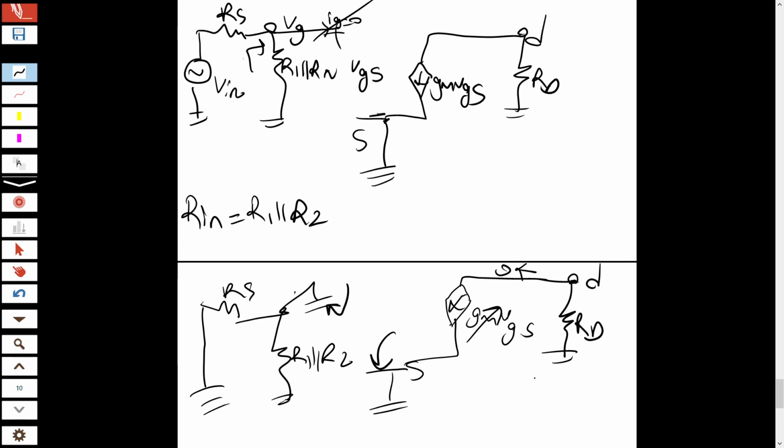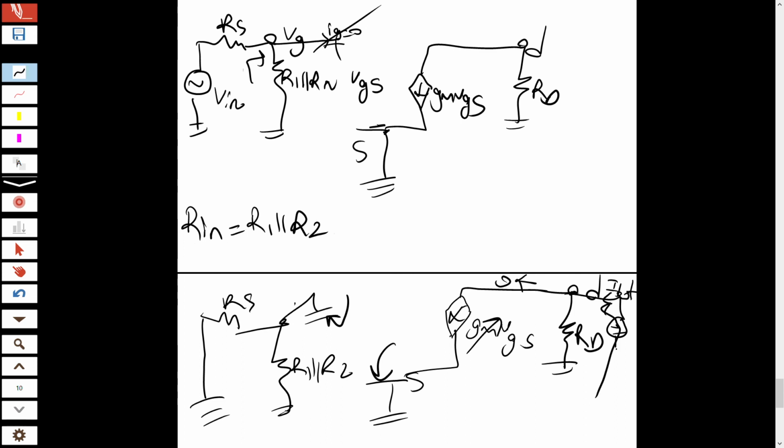If I connect V-test and divide by I-test, sorry for my bad drawing, remember, we shut down the independent sources and connect a V-test voltage here, and if we divide V-test over I-test, there will be no current passing through this side. Our output resistance will become equal to RD.